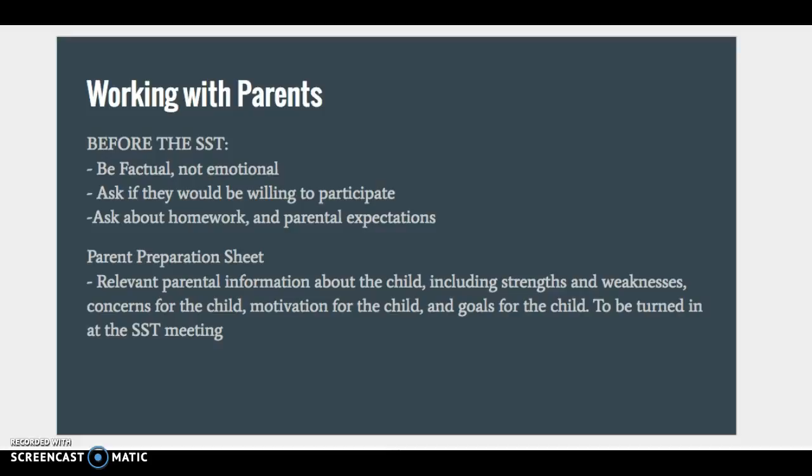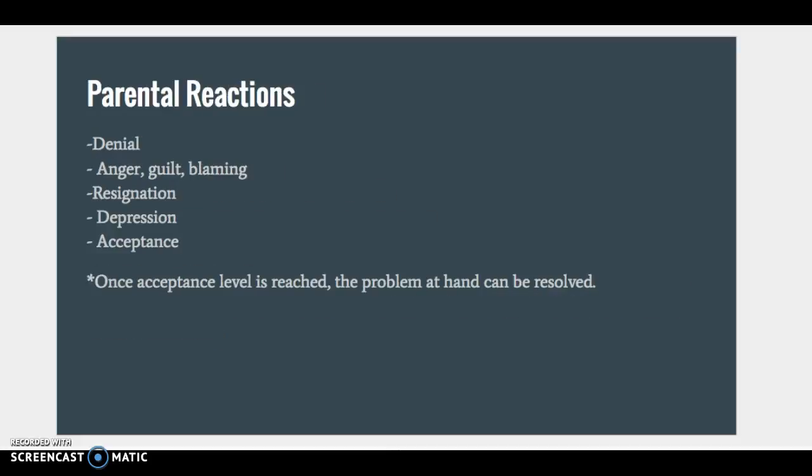You have to ask about homework and parental expectations for the child. And then the parent preparation sheet is going to include relevant parental information about the child, including the child's strengths and weaknesses, parental concerns for the child, motivations for the child to succeed, and the parents' goals for the child. And this should be turned in at the student study team's meeting.